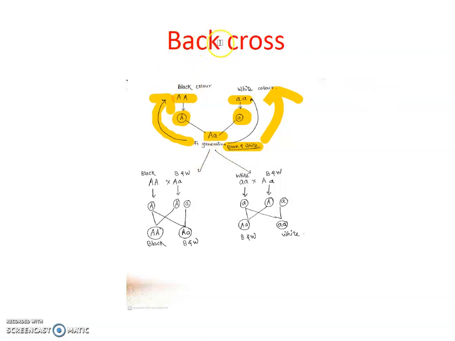This is the back cross. Why? Because the F1 generation is crossed with the previous generation, so it becomes back. This is not black but back cross, crossing with the back, previous generation. So in the back cross there are two conditions.